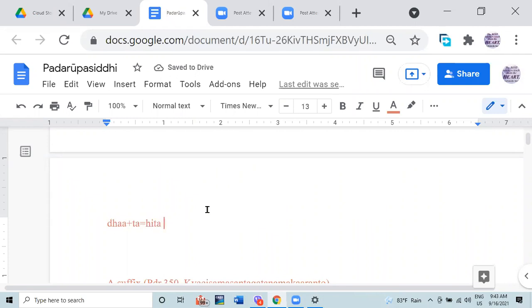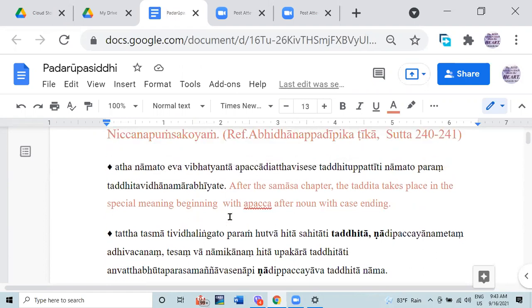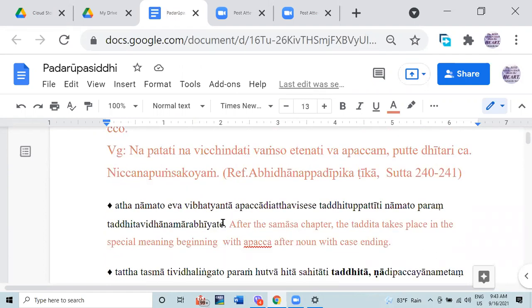So taddhita, ta plus hita, ha becomes da, and nikita is inserted. That nikita becomes da because of the following da consonant, and we get taddhita.